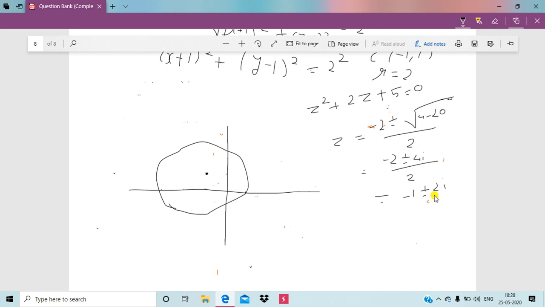So let's locate the points. This is minus 1 comma 2, and the other is minus 1 minus 2. So these should be the points.